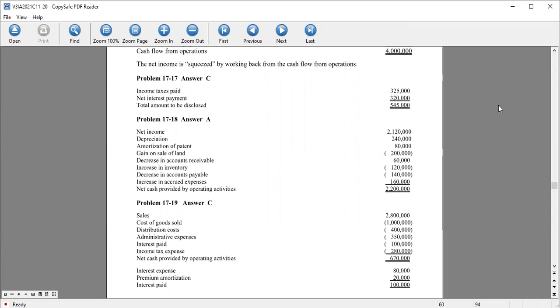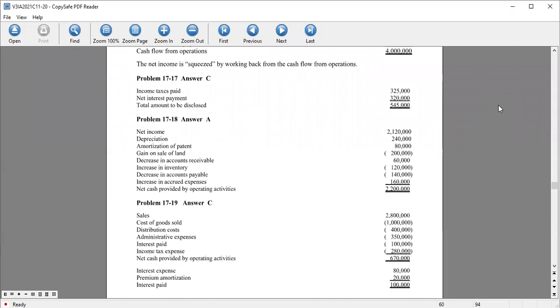So we have the income taxes paid of 325,000 and the net interest payments of 220,000. What total amount should be reported as supplemental disclosures in the statement of cash flows using the indirect method?